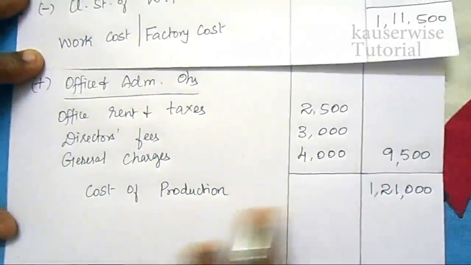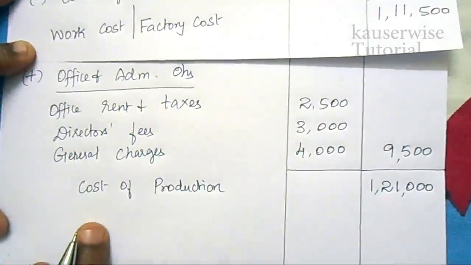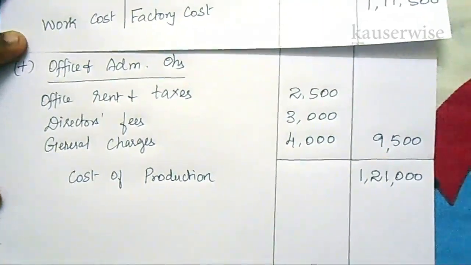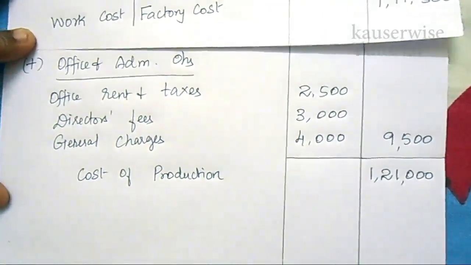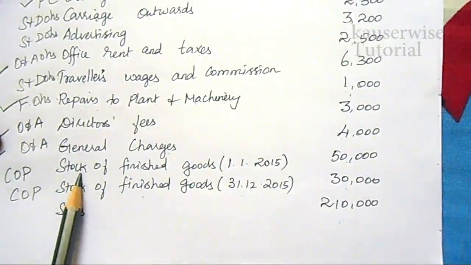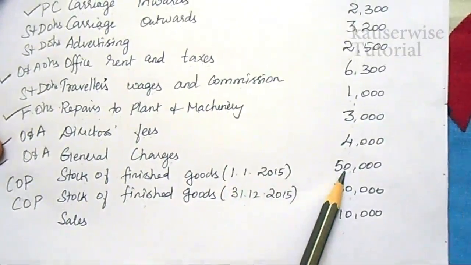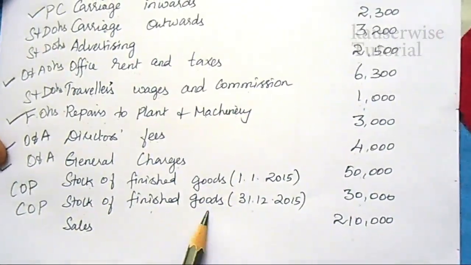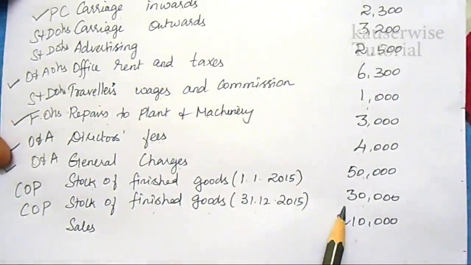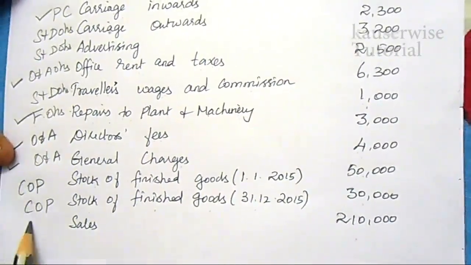After finding cost of production, we need to add opening stock of finished goods and subtract closing stock of finished goods in order to find cost of production of goods sold. See, opening stock of finished goods 50,000, closing stock of finished goods 30,000. This we need to add, this we need to subtract.